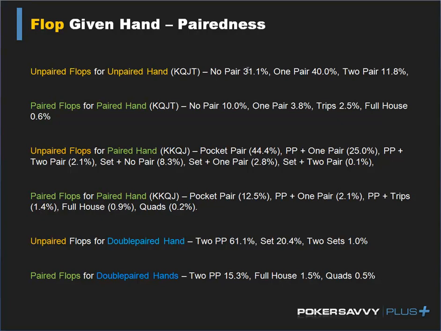Added together, this is all of the unpaired flops. If you notice 31, 40, it adds up to roughly 82%, 83%. That's the frequency with which an unpaired hand flops an unpaired board.